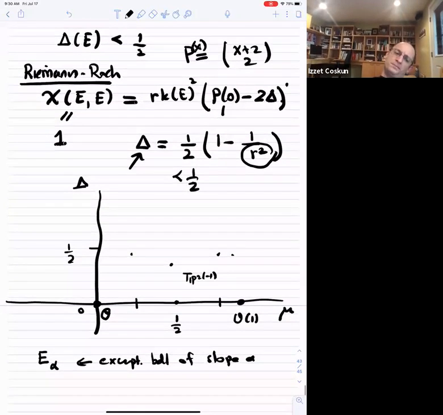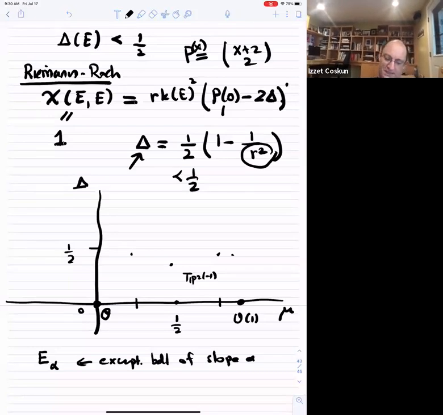The rank of an exceptional bundle with the given slope is the minimal integer that makes the slope an integer. So r times alpha has to be an integer, and r has to be the minimal number such that that's an integer.